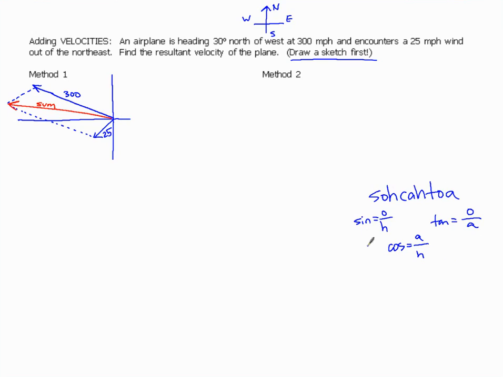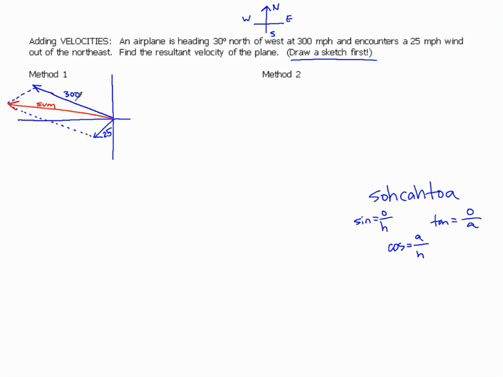So this is going to be really important concepts really throughout the next couple of units. We're going to need them a lot. So familiarize yourself with this. All right. So the first thing I'm going to do is look at the airplane.